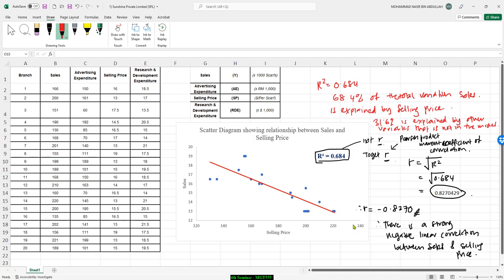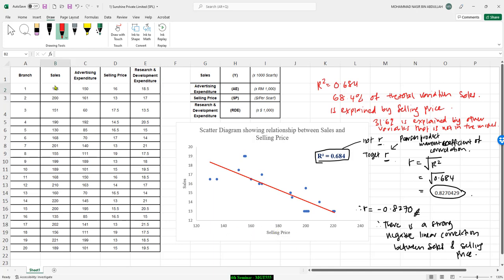Let's say kita nak increase selling price equal to 240, dekat sini I think kita salah sikit lah. Kalau kita tengok dekat sini, I think kita terbalik. The selling price sepatutnya dekat sini, tapi kita buat terbalik.